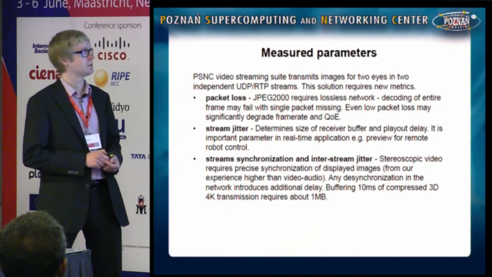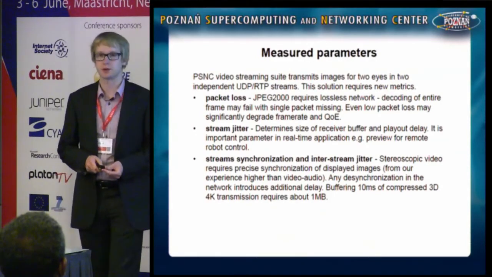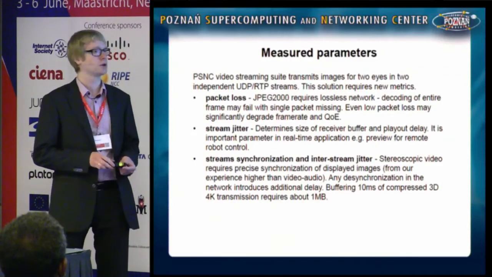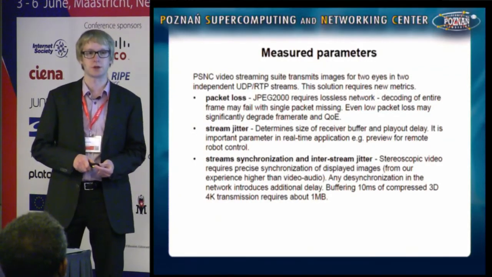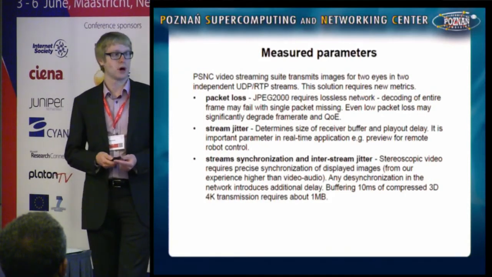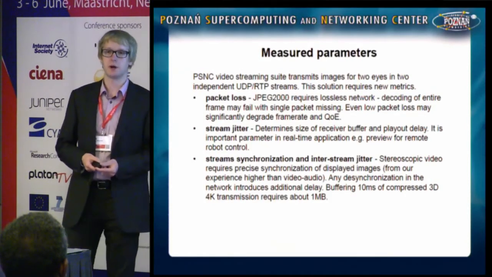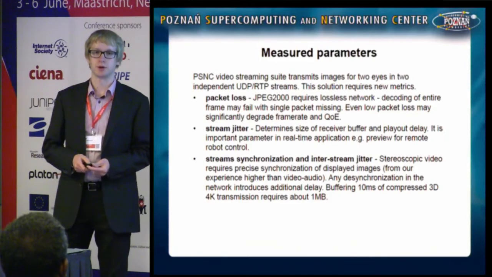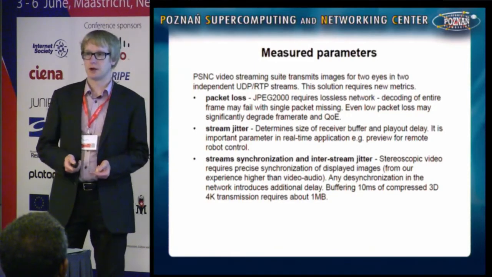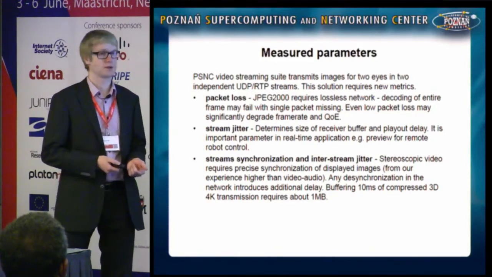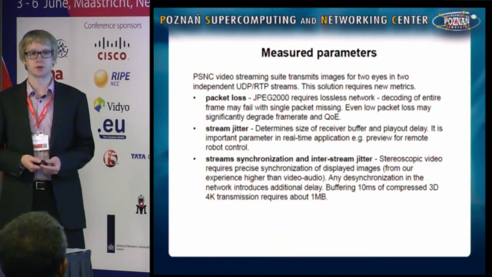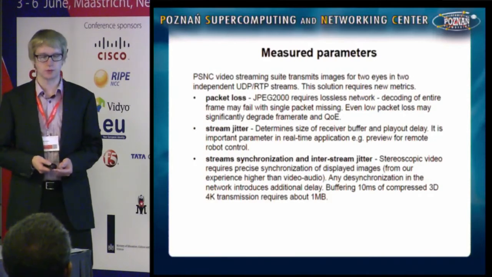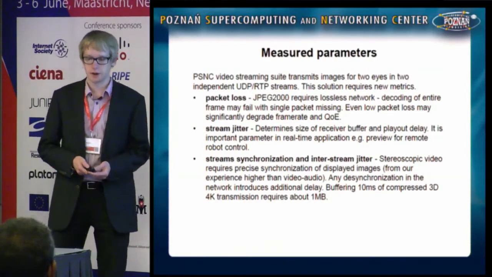Packet loss is important, especially with JPEG 2000, because this codec was not created for network transmissions. And if we lose one or two packets from an image frame, it can be impossible to decode the entire frame. So losses of, for example, 1% on the link can make the transmission impossible to watch on the client side.